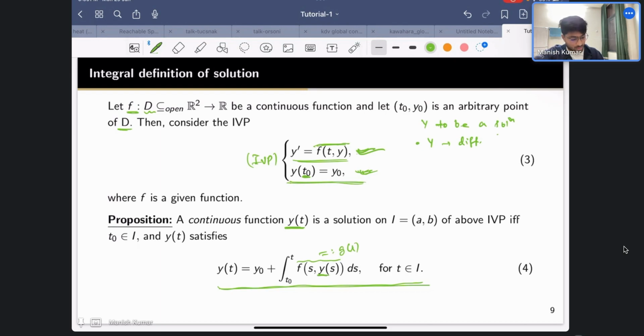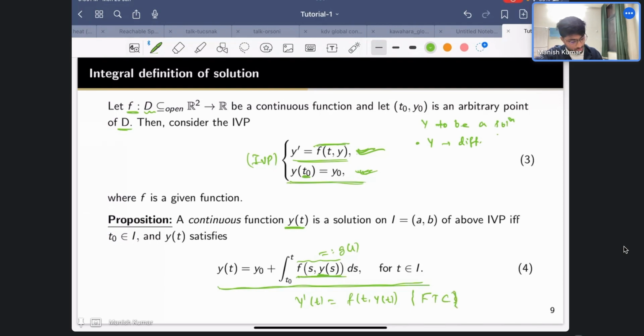So this integrand is a continuous function of s. Now you can use the fundamental theorem of calculus to say that y is differentiable, and if you differentiate it, you get y prime of t equals f of t, y of t. This is due to the fundamental theorem of calculus.